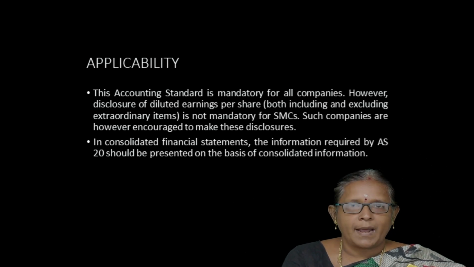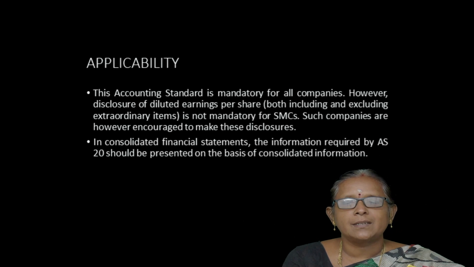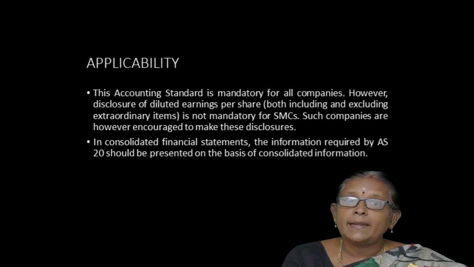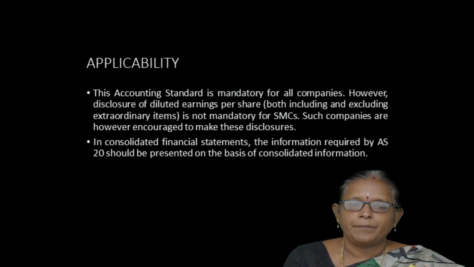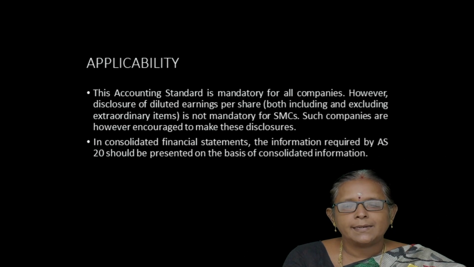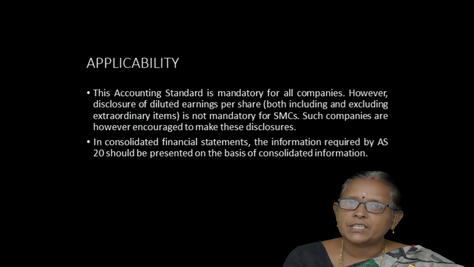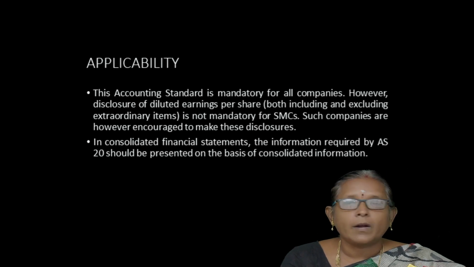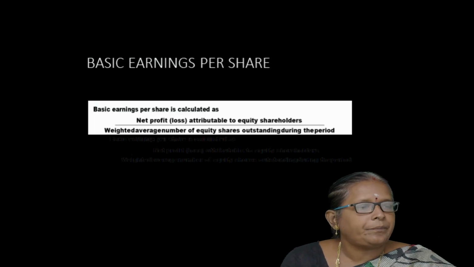Even though it's not mandatory, they are encouraged to show it in the disclosure. Then in consolidated financial statements, the consolidated information is required to be presented. So these are the applicability provisions according to AS 20.